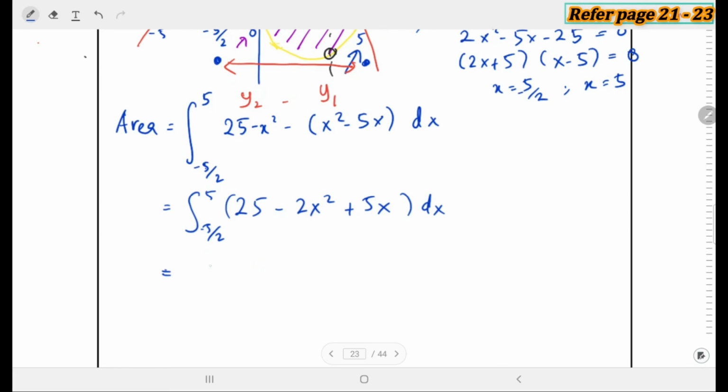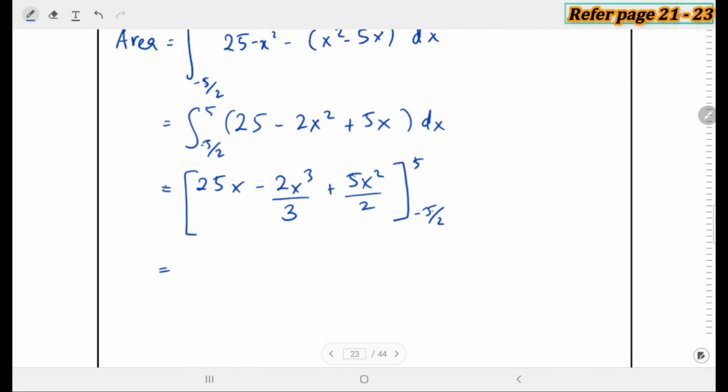Now we integrate. We get 25x minus 2x cubed over 3 plus 5x squared over 2, with the lower limit negative 5 over 2 up to 5. We substitute the upper limit first, then the lower limit. This step must be done and written clearly.